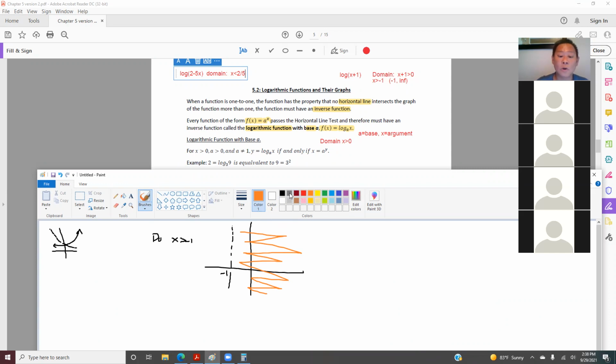And when I say the domain is x is less than 2/5, at 2/5 this is, again, your vertical asymptote, and less than means your graph is on this side. So if I see any graph with lines drawn only on the other side, I know it's going to be wrong. So that's how you figure out your domain in this case.